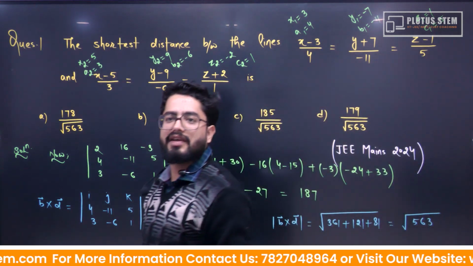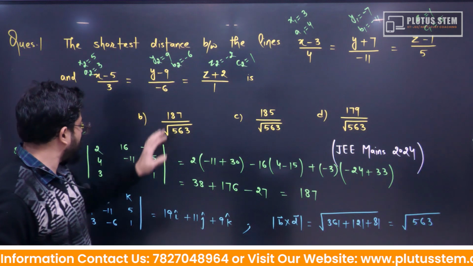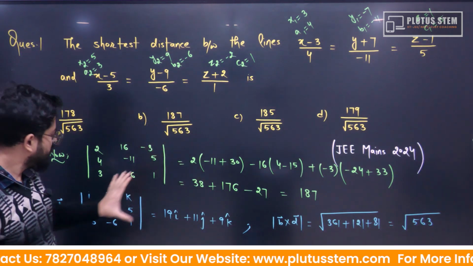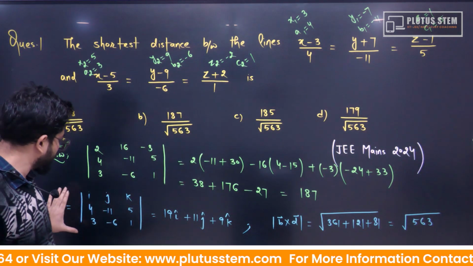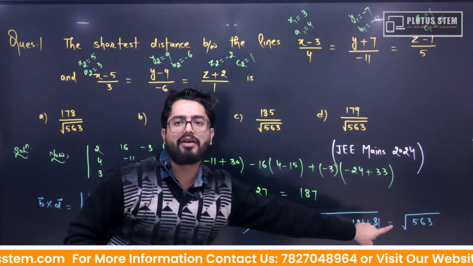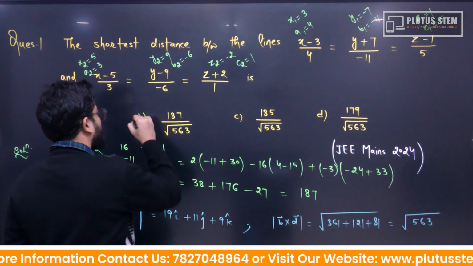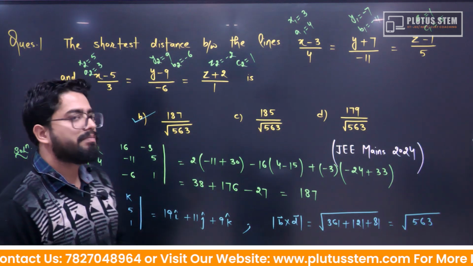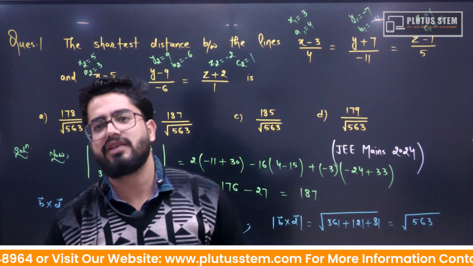So finally, the distance between the two lines is this divided by the modulus of this, that is 187 by root 563. So option B is the final answer.